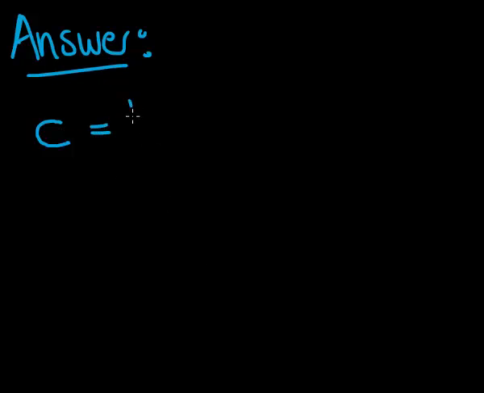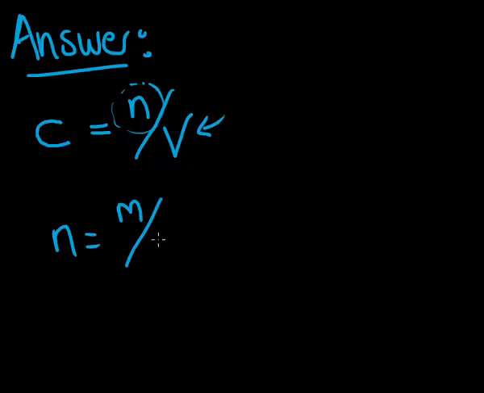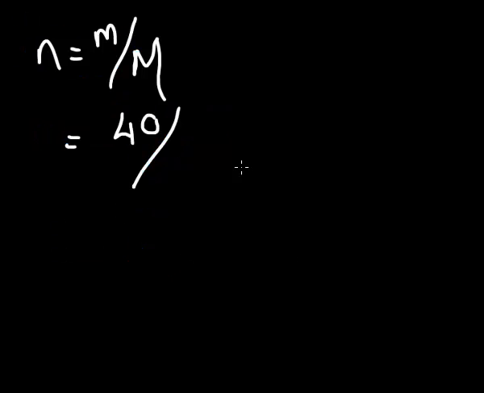Now in order to get to our concentration value, we'll need the moles divided by the volume. Our volume was given to us, we'll just need to convert it to cubic decimeters, but our mole value we would still need to find. Now we can make use of our mass divided by molar mass calculation.